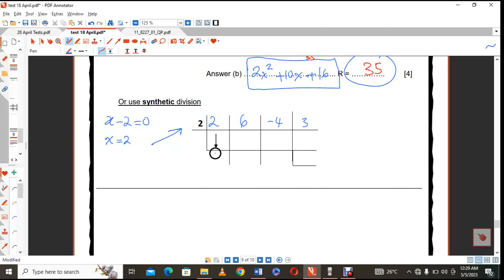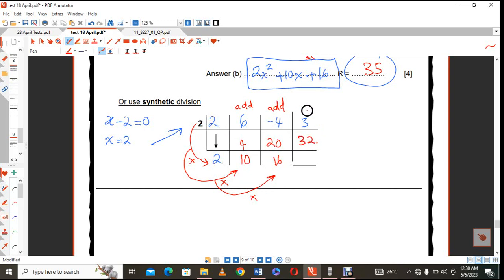The arrow indicates you must bring down that first one, and from here on you are going to multiply. So that 2 should now be multiplied. That gives you 4, and once you have the answers, you add the columns. That is 10, and we multiply 2 times 10. That is 20, and then we add the columns again. You're going to get a 16, and then we multiply again 2 times 16.